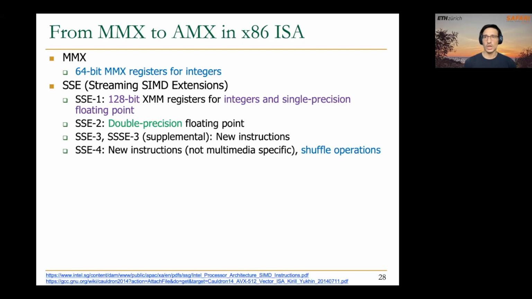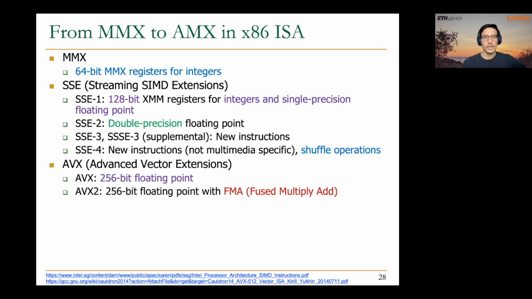In particular, I would highlight the shuffle operations in SSE4 that allow you to shuffle around bytes belonging to the same vector register. We will talk about these kinds of shuffle instructions in GPUs in a later lecture.